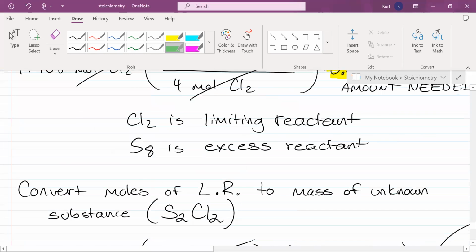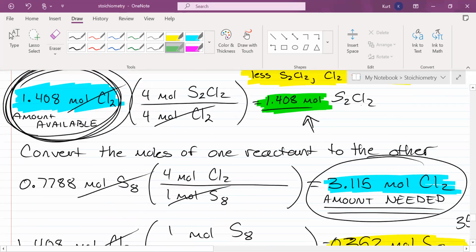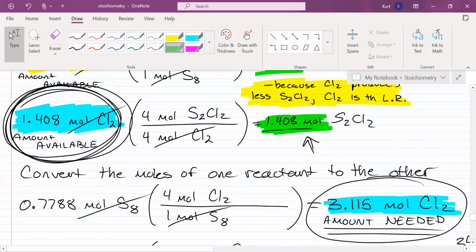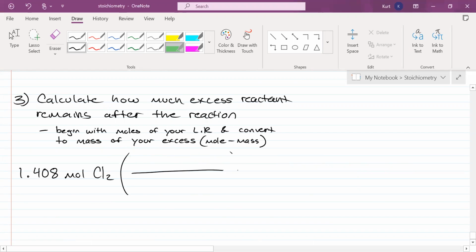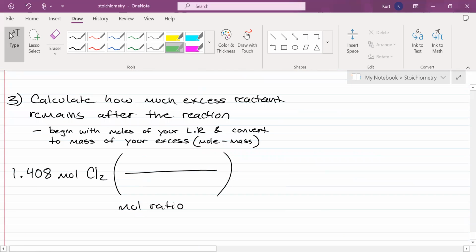So according to my numbers back up here, my amount of my limiting reactant is 1.408 moles of Cl2. And what we're going to do first in this conversion is we're going to have the mole ratio of our limiting, Max, wake up, of our limiting reactant to our excess reactant. We have 4 moles of our limiting reactant.